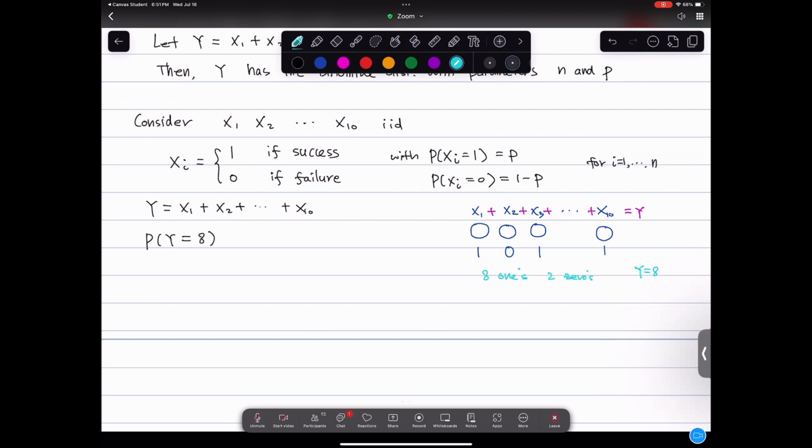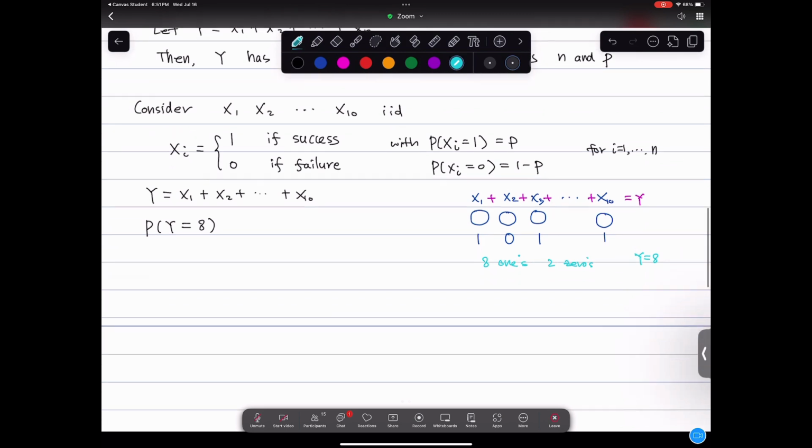Therefore, finding the probability is simply this. Out of the 10, which 2 are 0 and which 8 are successes, so I'm getting 10 choose 8. Success means probability p, and there are 8 of those ones, so p to the 8th. And the failure, 2 of those, so 1 minus p squared. So this is binomial.